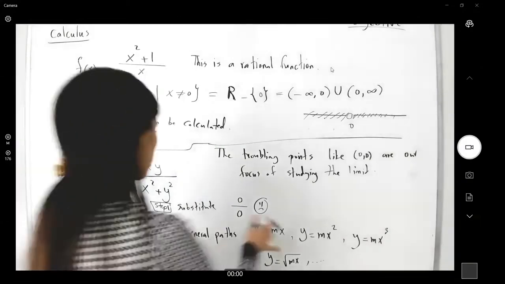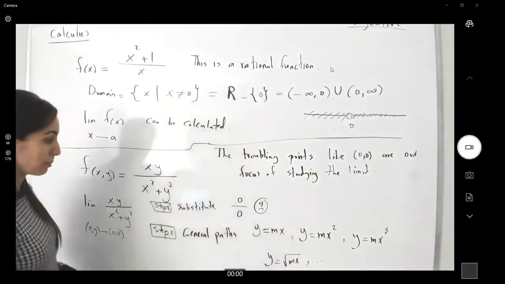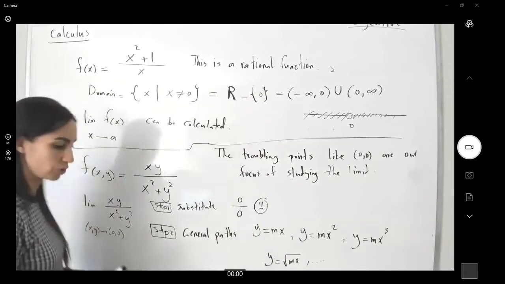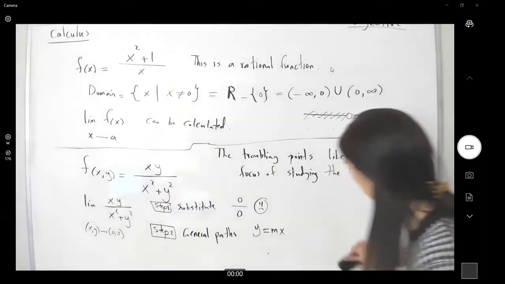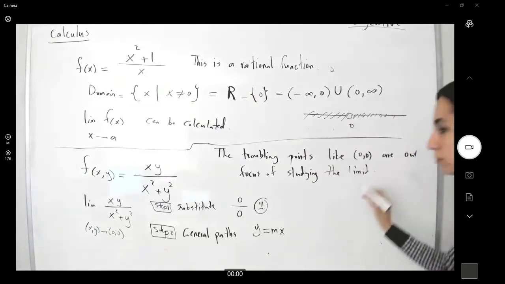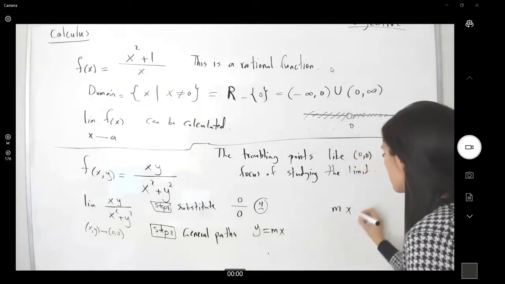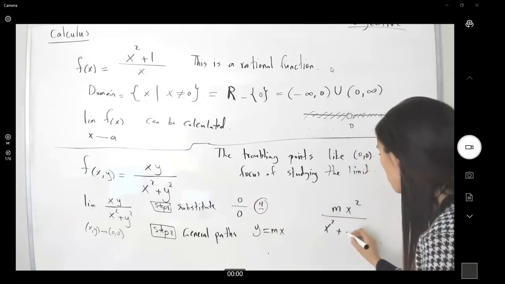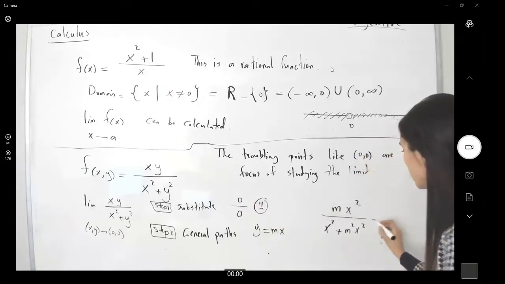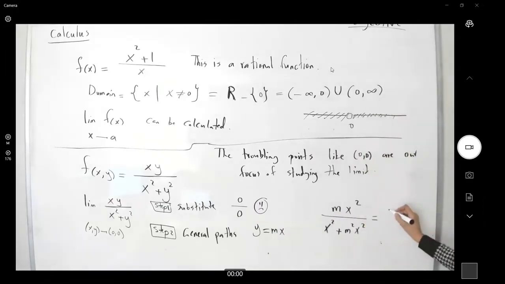So there you go. For this example, if you're using mx, you're going to have mx squared divided by x squared plus m squared x squared. You can factor out x squared and cancel it out.